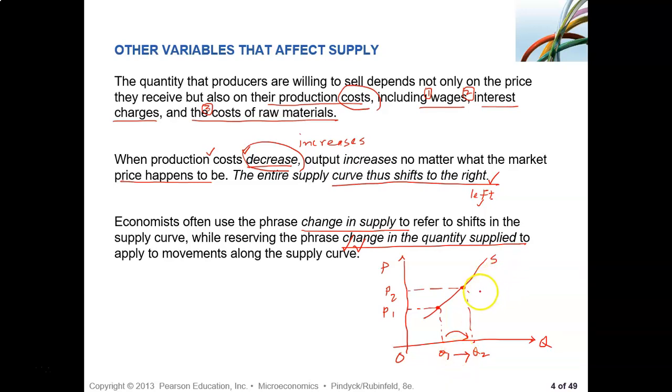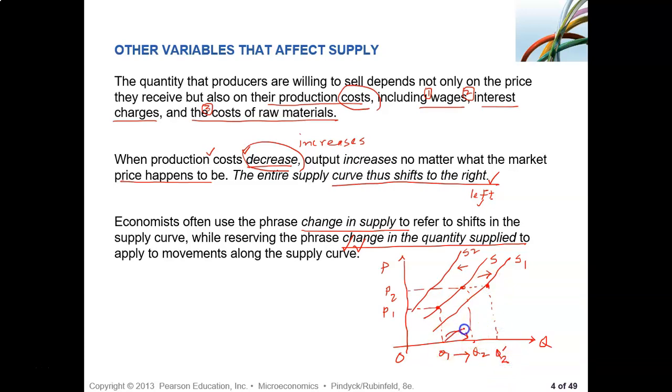On the other hand, supply can increase because the entire supply curve shifts from S to S1, or supply can decrease, from S to S2. Now look at that: for S1, at the same price P2, supply is now higher, Q2 prime.